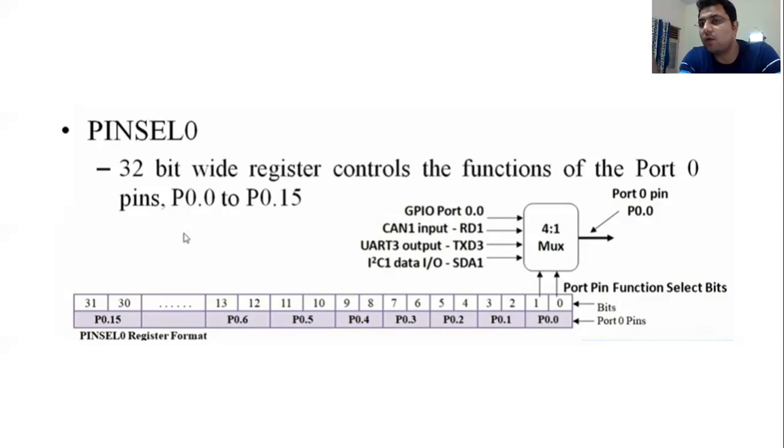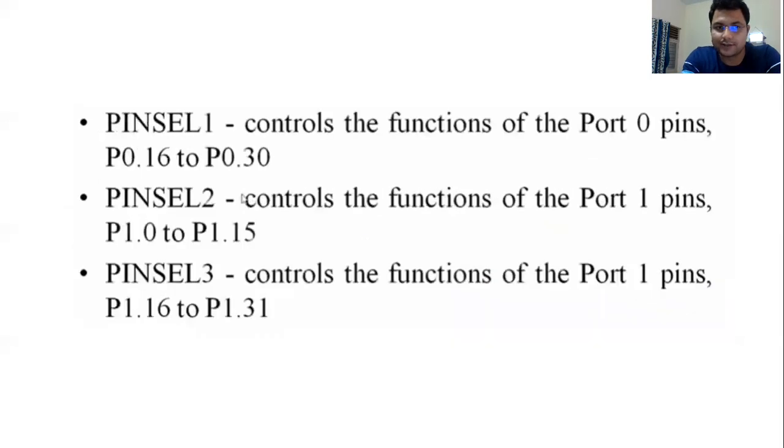One port will require two pin select registers. Numbering you can see: pin select 1 will hold the configuration information for pin number 16 to pin number 31. Likewise, pin select 2 will hold pins 0 to 15 corresponding to port number 1.